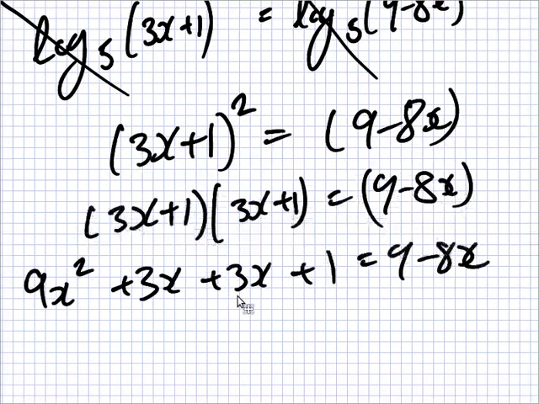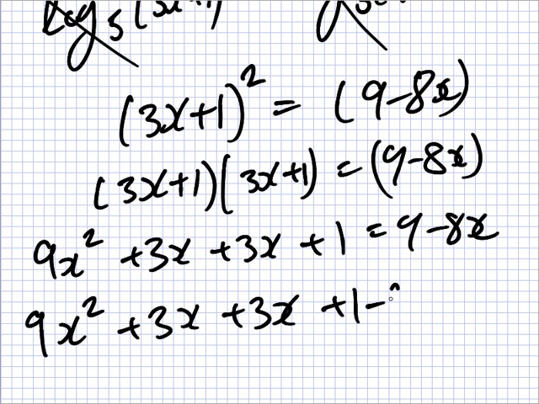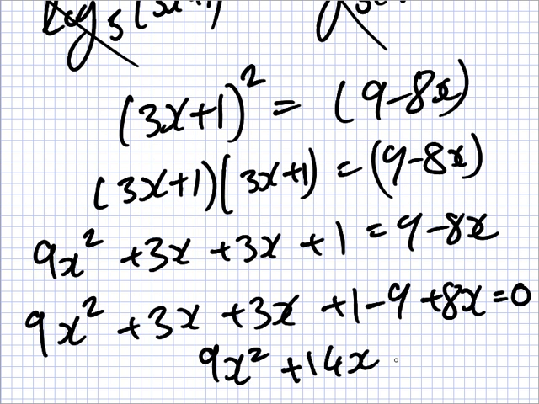Now let's take everything to the left: 9x squared plus 3x plus 3x plus 1 minus 9 plus 8x equals 0. So that's 9x squared, 6x and 8x is 14x, and then 1 minus 9 is minus 8.